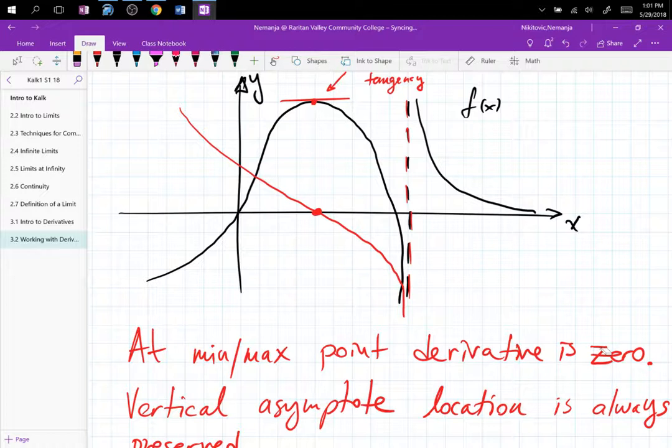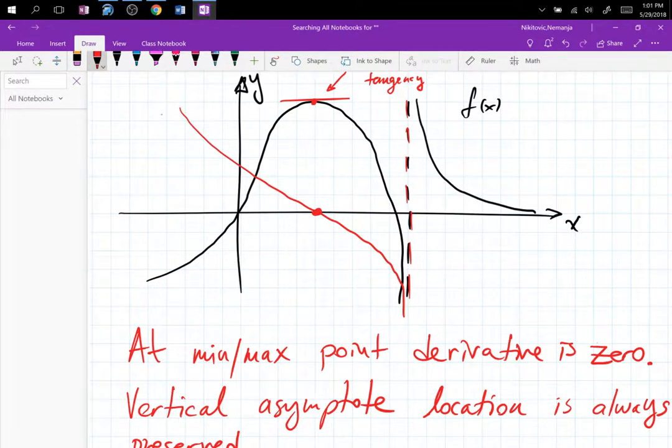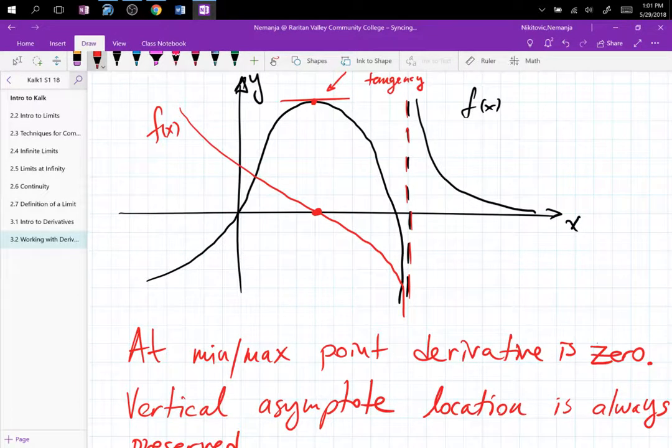There we go. So now if you apply that knowledge to what we have on the graph, you see that the derivative function, which is the red line, has positive y values up to the point. And then it has negative y values, so it's negative, after we go to the right.